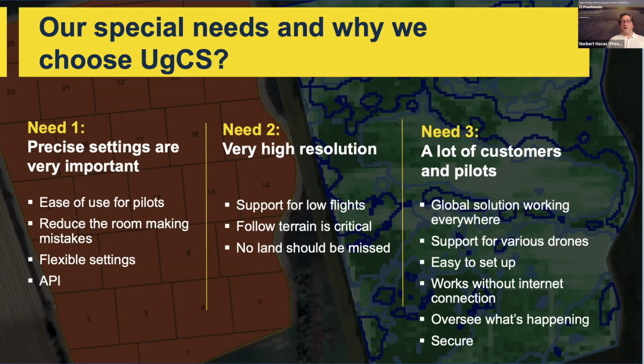Terrain follow is a critical feature, because sometimes we just see like 5-10 meters of elevation change, and we need the same quality of data, the same resolution from every piece of land. And as I said, we have to be sure that we don't miss anything and we capture everything from a field.